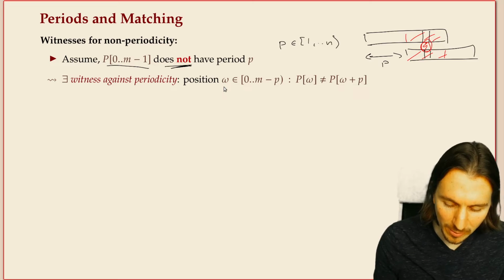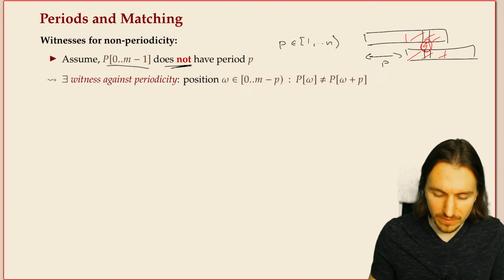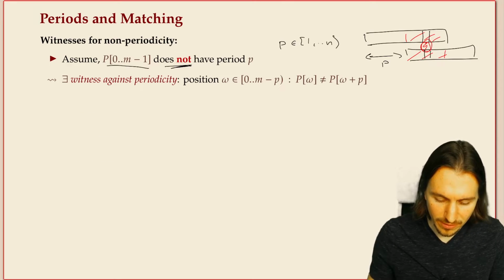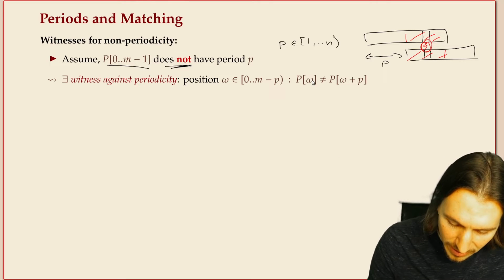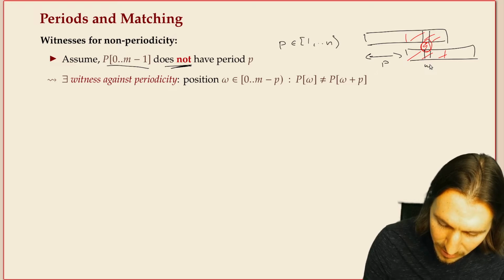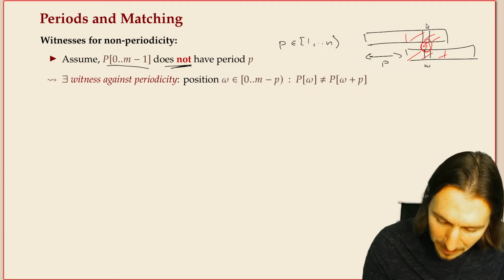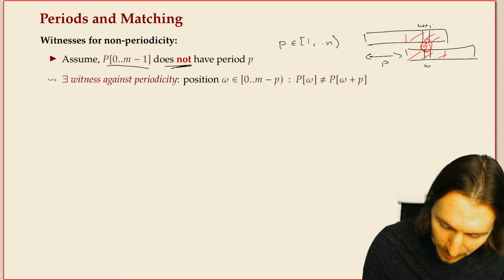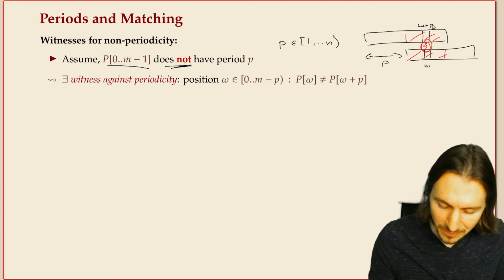And formally, W is, okay, we want a picture here. So W formally is this position in the shifted copy, and then this is W plus p in the pattern.